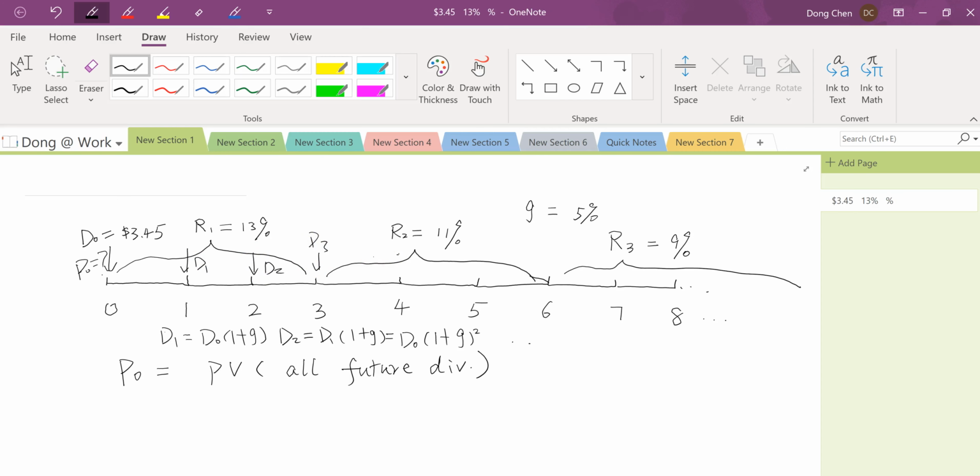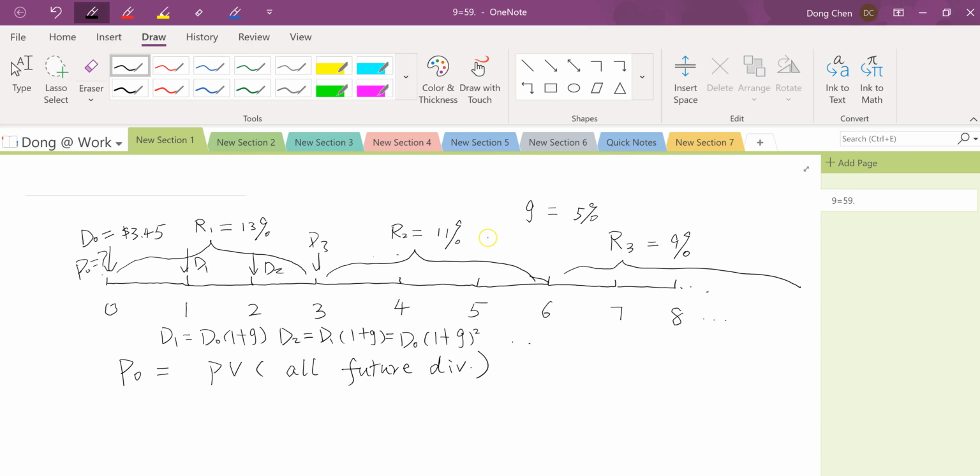So the key here is that we need to apply the different required return, which is the discount rate, for different dividends. Normally, the discount rate or the required return is constant throughout the time periods, but here they change over time. You can see that we have 3 discount rates. So how do we solve this problem?